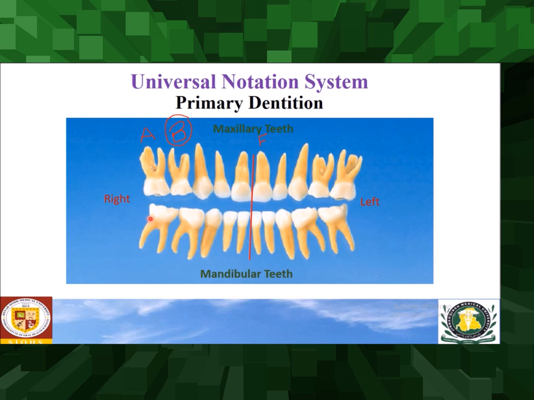For this tooth, the alphabet in the universal numbering system will be T. Because here it comes J, K, L, M, N, O, P, Q, R, S and the last one is T. So this is the exercise for the primary or the deciduous dentition.